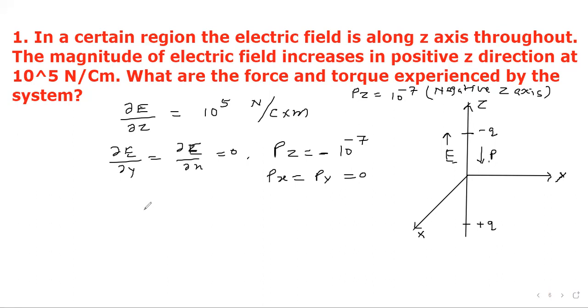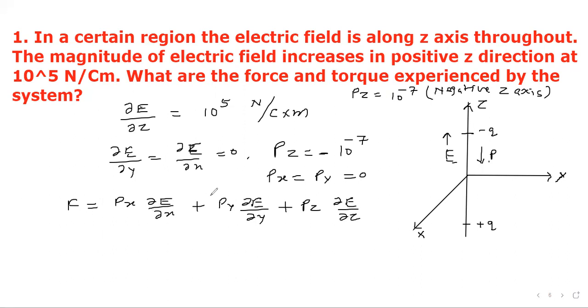In a non-uniform field, the force acting on a dipole is given by F equals Px del E upon del X plus Py del E upon del Y plus Pz del E upon del Z. We can put in the values.